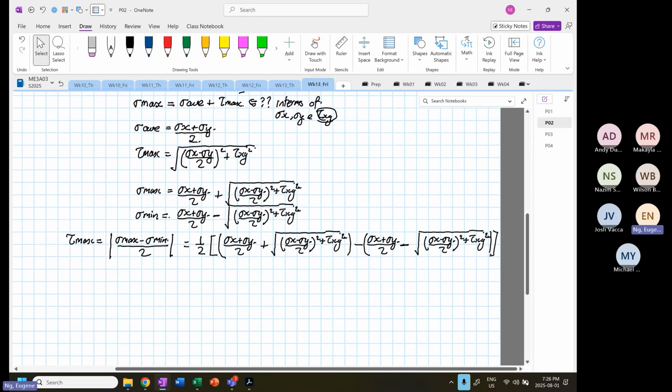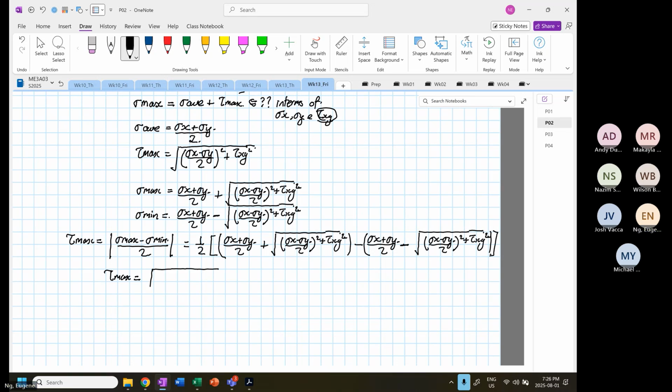So finally, we know that tau max is equal to the square root of (stress x minus stress y) divided by 2, squared, plus shear xy squared.